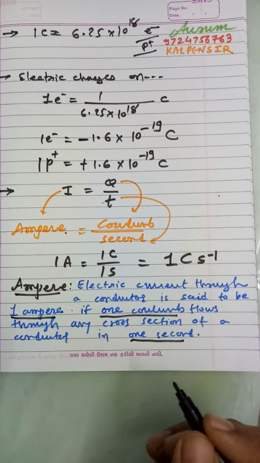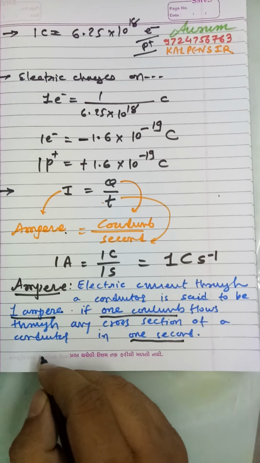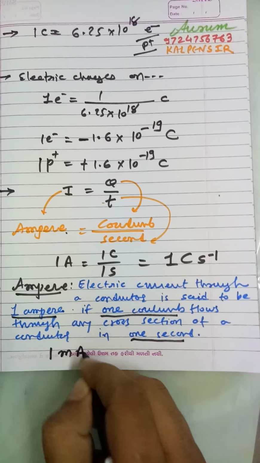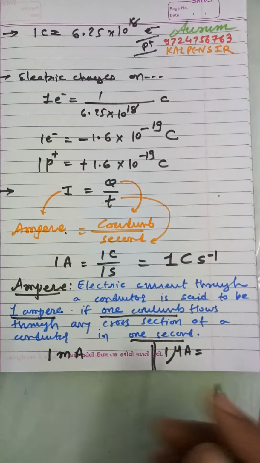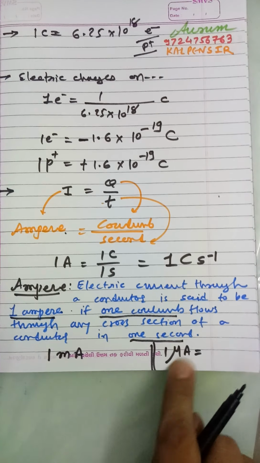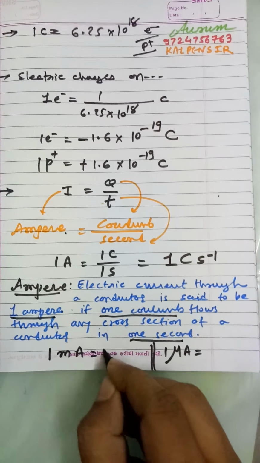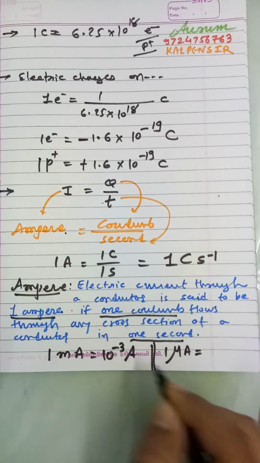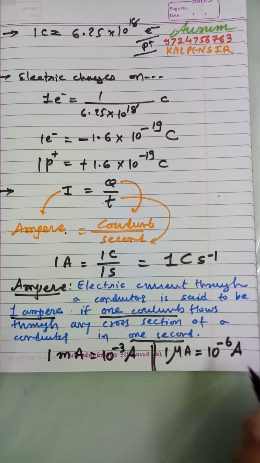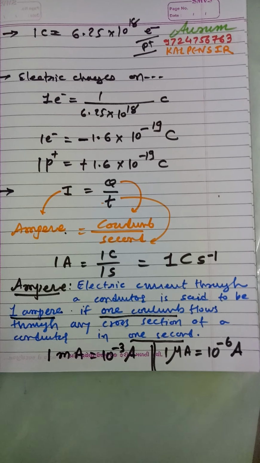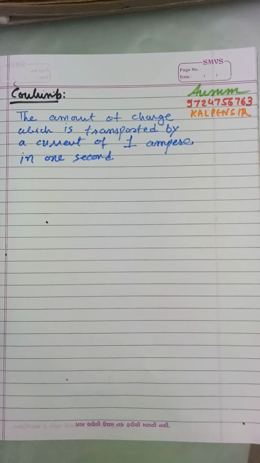Some small units are there: 1 milliampere and 1 microampere. Small m is milli, and the other is micro. 1 milliampere is 10 raised to minus 3 ampere. 1 microampere is 10 raised to minus 6 ampere. These are the two units.